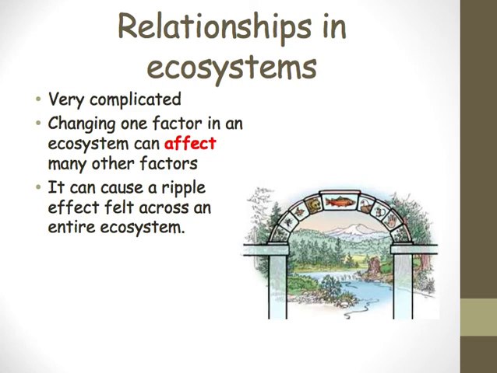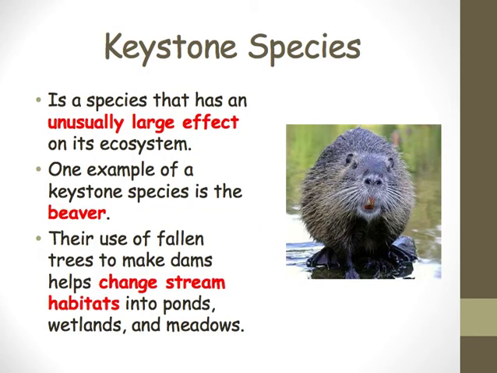All these relationships within an ecosystem are really important to maintaining that ecosystem, and some are more important than others. We have keystone species that change the whole ecosystem if their population is disrupted. An example of this would be a beaver. A beaver is a keystone species because they use fallen trees to make dams, and this changes the whole habitat of a stream.